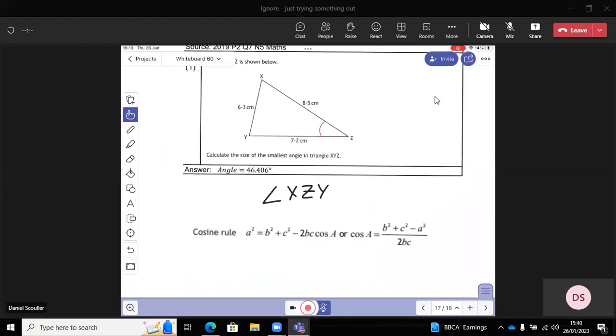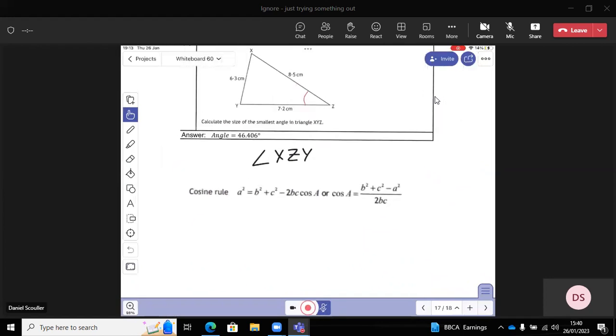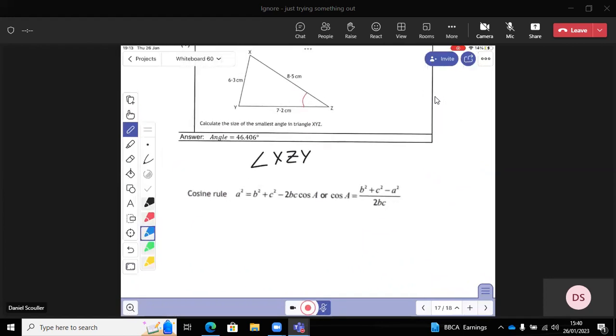In your exam paper you'll get given it written in two ways. Now how do you pick which one you want to use? Both of these are the exact same equation, just rearranged. They've given it to help you out a wee bit, they've just rearranged it for you. That's why that 'or' is there.